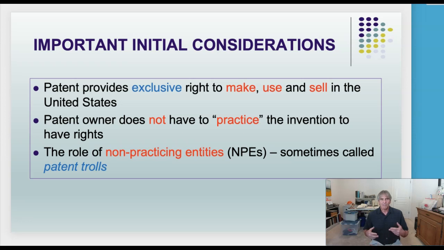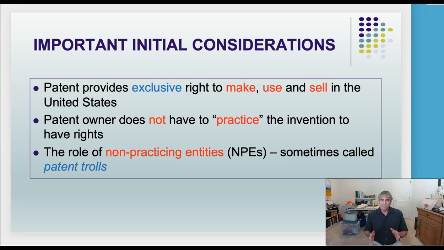Also, patent rights are exclusive, meaning that nobody else can make, use, or sell the invention without permission from the patent holder. So, if you put these two concepts together, it means that as a patent owner, I don't have to actively practice the invention, or in other words, manufacture, sell, or use it. But at the same time, I can also prevent anyone else from doing these things.